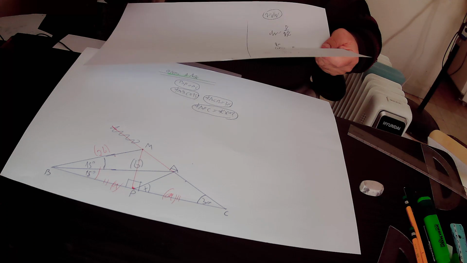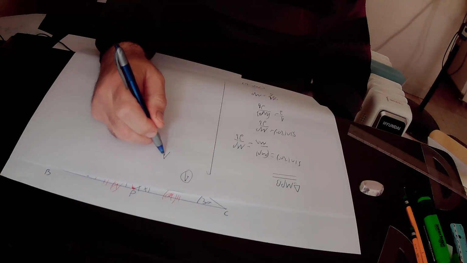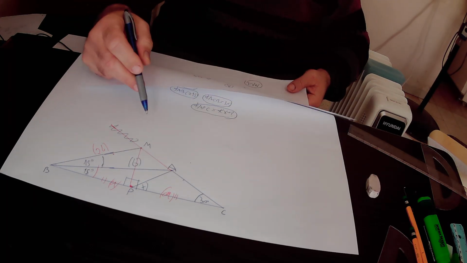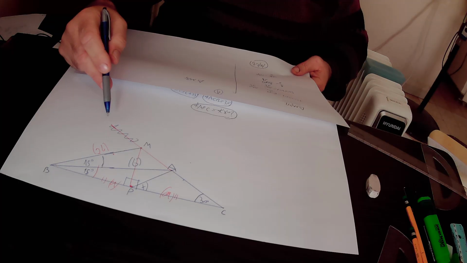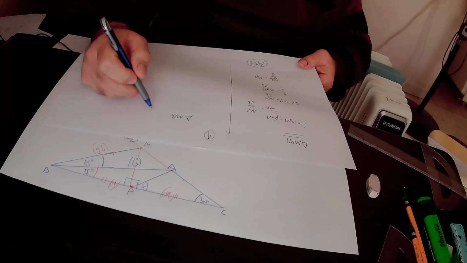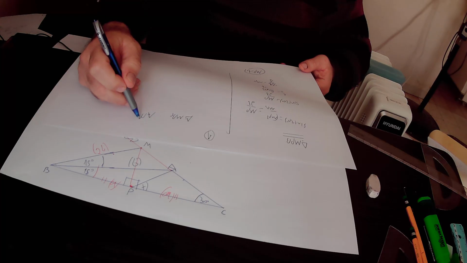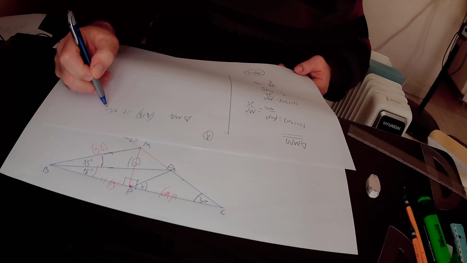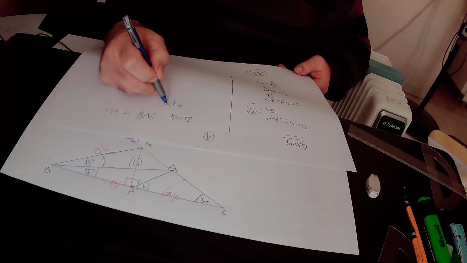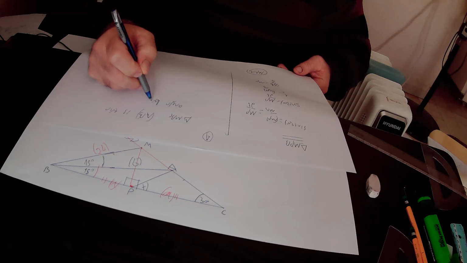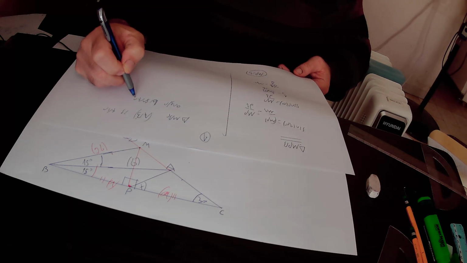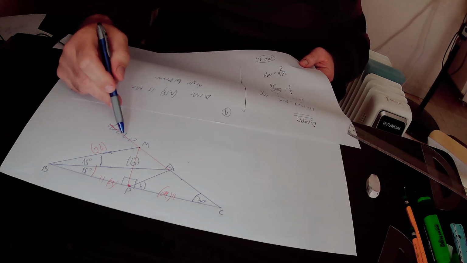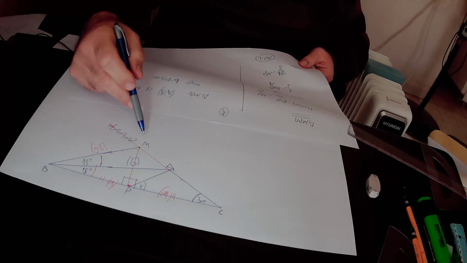And again, in the big triangle MBC, AB is the angle bisector of angle MBC. Angle bisector AB bisects angle MBC into 2 halves.